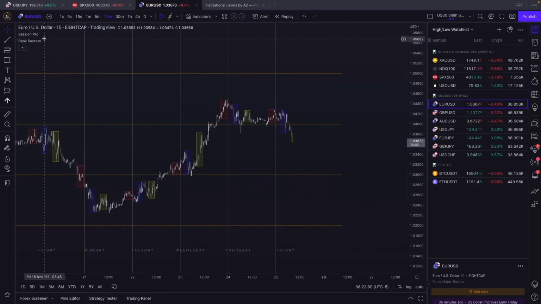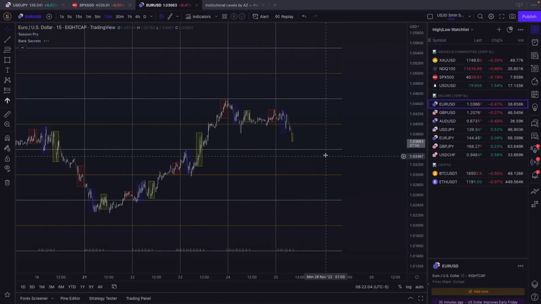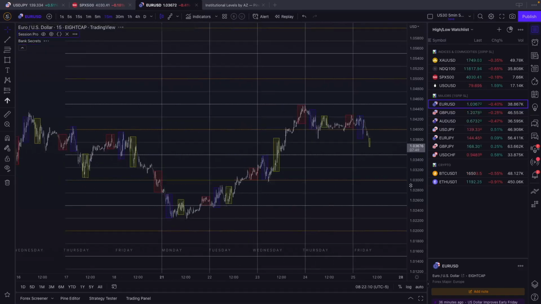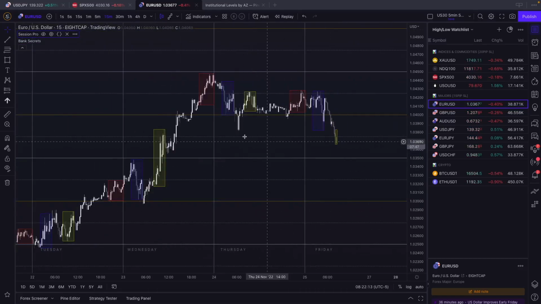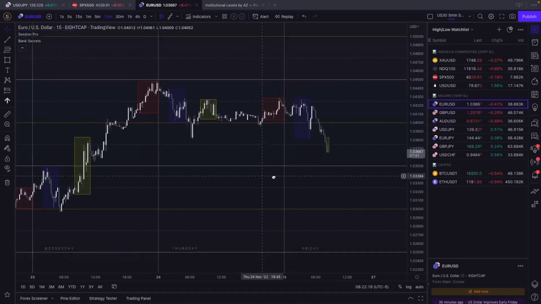And if we turn on our 50 pip boxes, we now got our 50 pip box separators or horizontal lines. And if we turn on our 25 pip boxes, the quarter levels again, we have our beautiful grid where we consolidated. Now we're breaking down, we pull it back into our original box, zack.